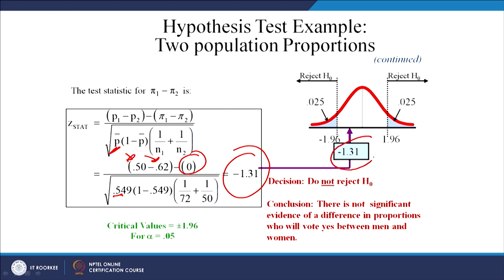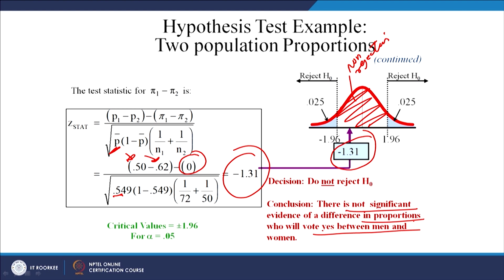Now, is this Z value in rejection region or non-rejection region? Yes, this is in non-rejection region. So, this region is non-rejection region, right? So, we will not reject null hypothesis, and we will say that both men and women vote equally on proposition A, right? So, there is no significant difference in proportions who will vote yes between man and woman, right?